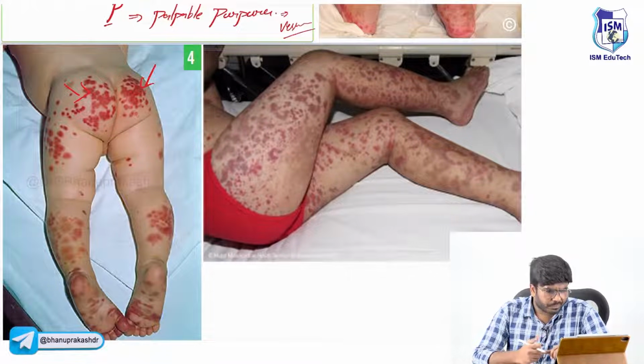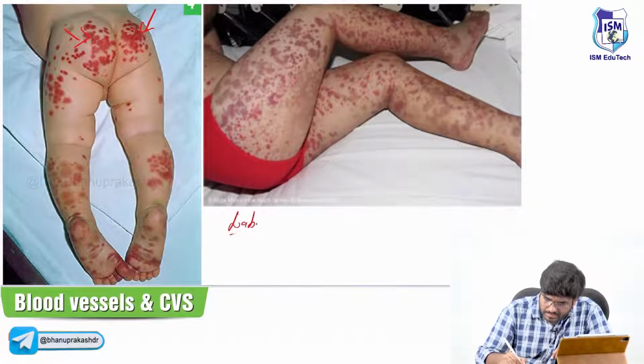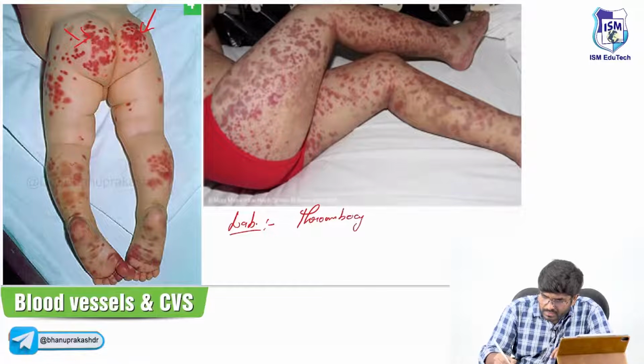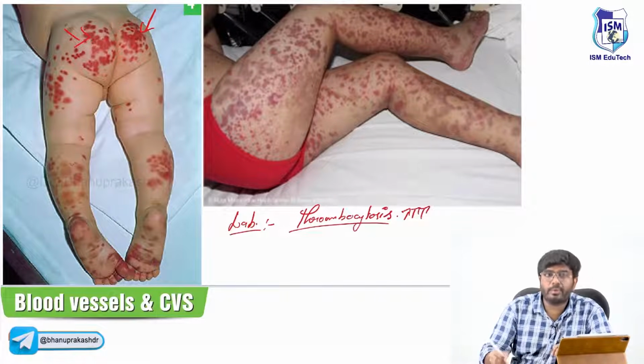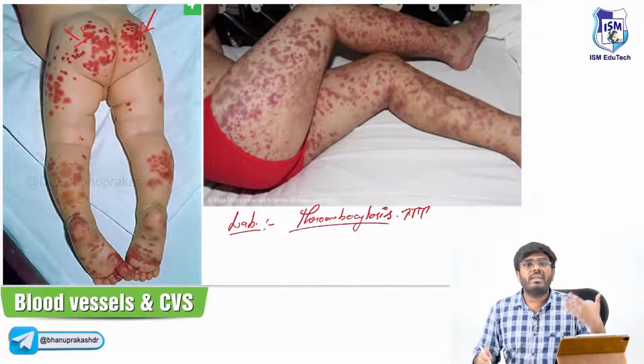Now, what will you see in these patients in lab diagnosis? In the labs, there will be thrombocytosis, which means the platelet levels are going to be elevated. Why? Because they are having more and more bleeding, so to make the blood clots, the platelet count is going to be increased.